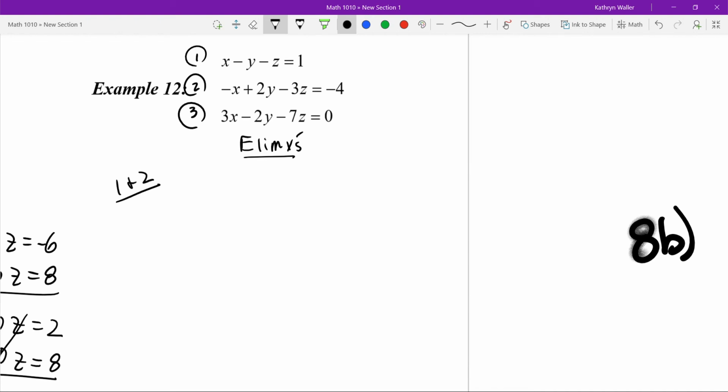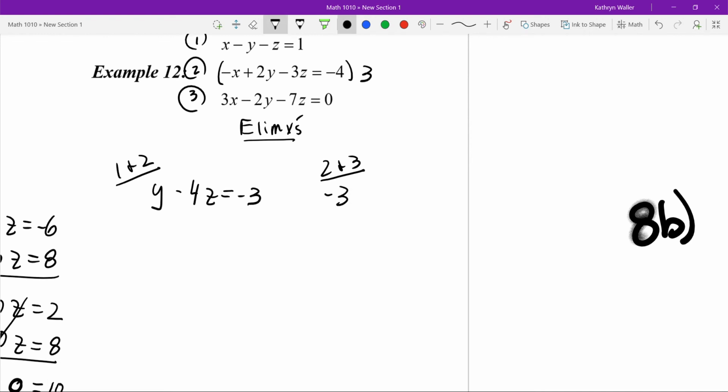So if I add 1 and 2 together, the x's go away. Negative y plus 2y is 1y. Negative z minus 3z is a negative 4z equals negative 3. Now I'm going to eliminate the x's again. This time I'm going to use equations 2 and 3. If I multiplied equation 2 by a 3, then I'd have a negative 3x and a positive 3x, and those would go away.